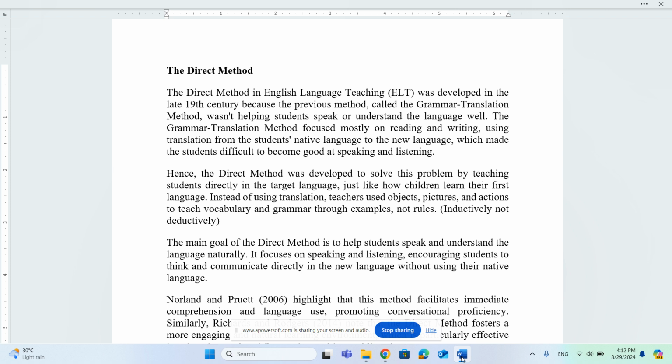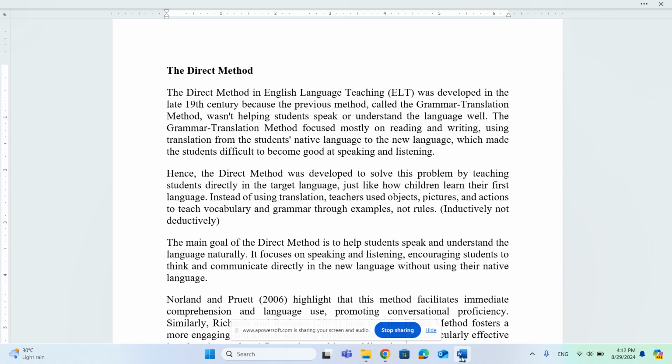to teach vocabulary. Rather than translating the word into the mother tongue of the students, we have to use the objects, we have to use the pictures, and sometimes we can use actions also to teach the vocabulary to our students according to this direct method.